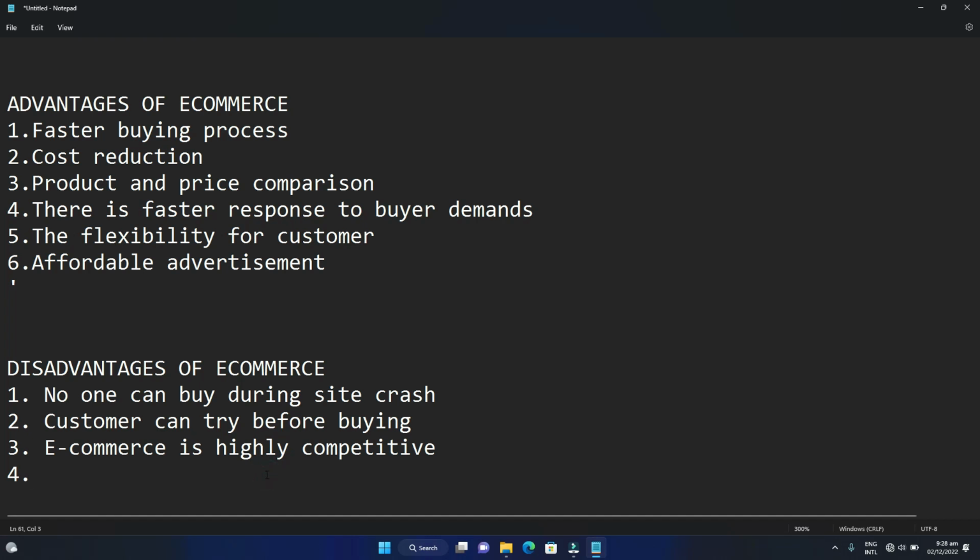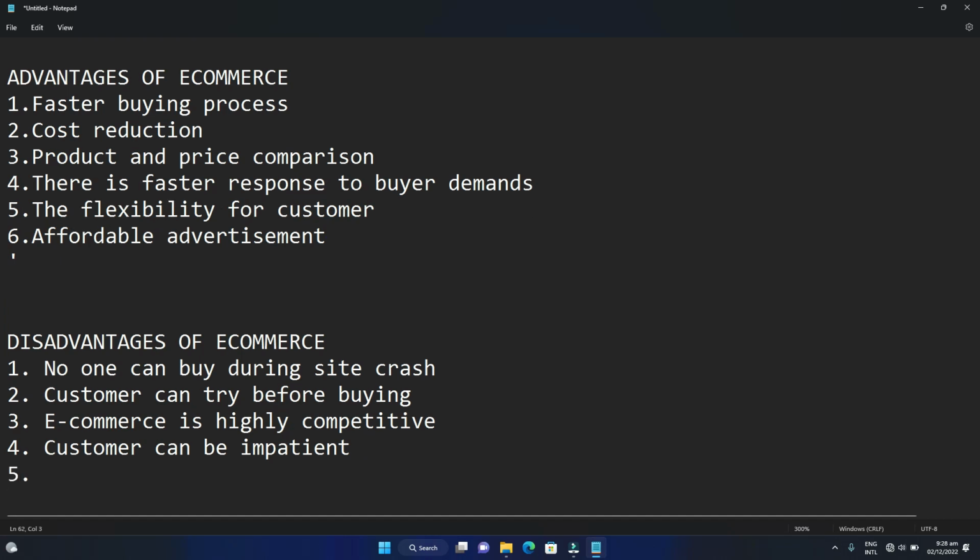You have to always make your site very simple. But even if your site is simple, at times customers can be impatient. If the site is taking long to load because a lot of people are using it, they just go away. So another disadvantage is that customers can be impatient.